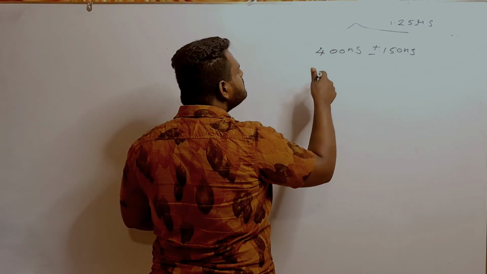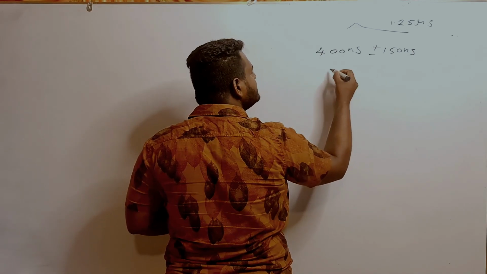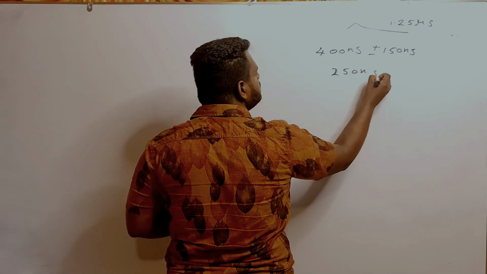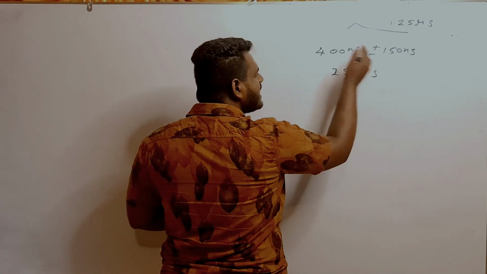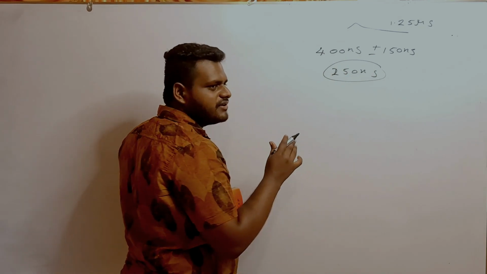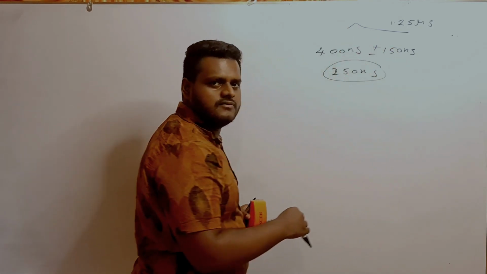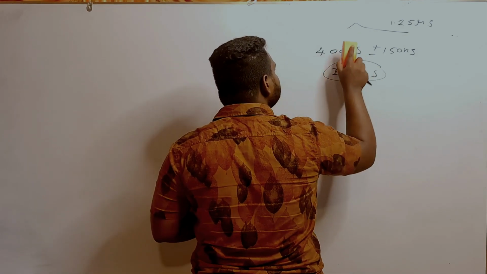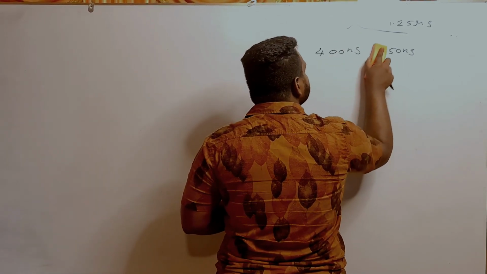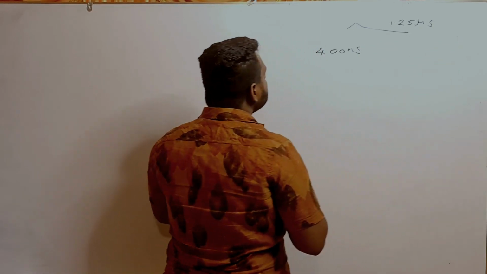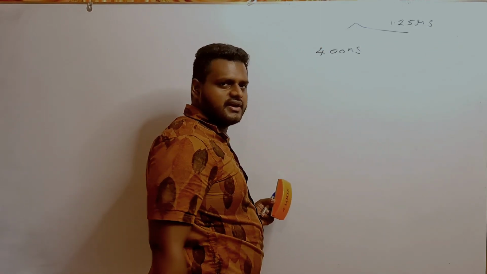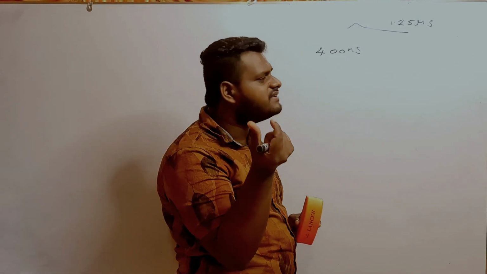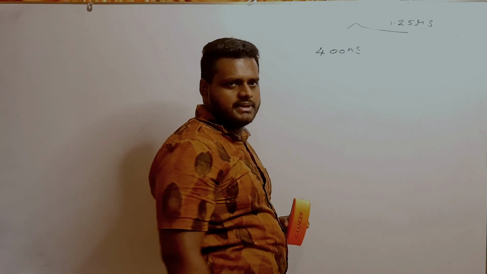That means the minimum value we can predict is 250 nanoseconds. But I'm not going to talk about 250 nanoseconds, that is the least value, right? So we have to consider 400 nanoseconds for our requirement. So considering 400 nanoseconds, how can we implement this timing?